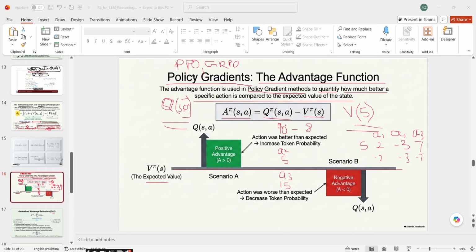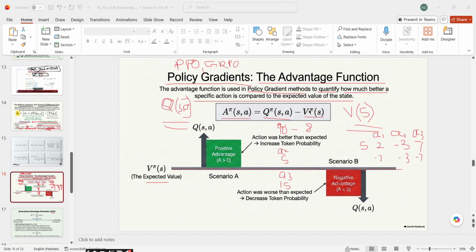Then I introduced you to the concept of the advantage function, which is the advantage of taking action A in a given state S. We came to know that if the advantage is positive, it means that taking this action in the given state S is going to yield better returns than the average return we are getting so far. If the advantage is negative, it means that taking this action A in the state S is not better than what we already get for the state.